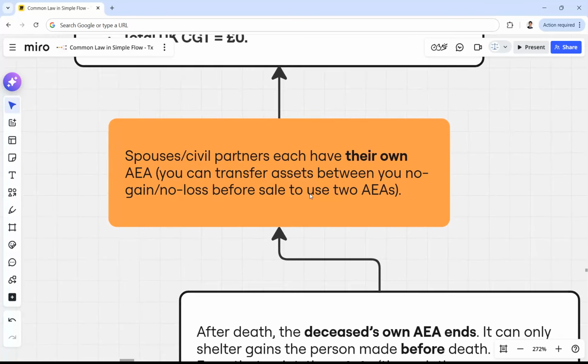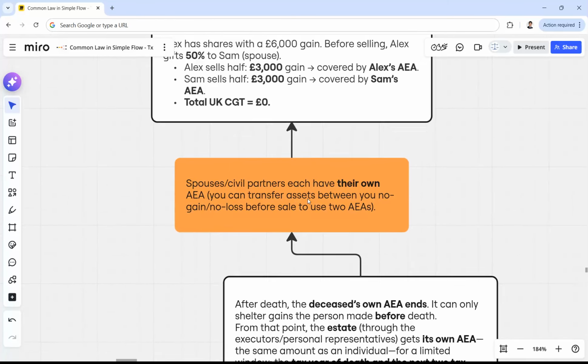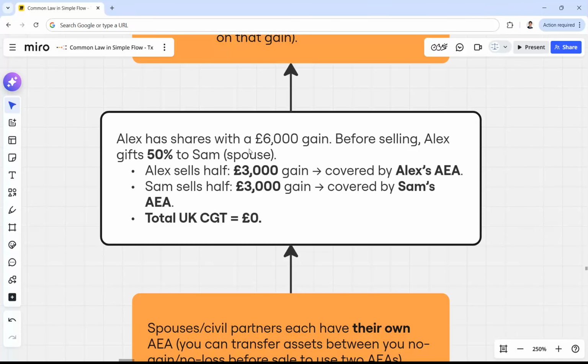Spouses and civil partners each have their own AEA. You can transfer assets between you, no gain, no loss, before sale to use 2 AEAs. So partners can use double the AEAs. Alex has shares worth £6,000. Before selling, Alex gives 50% to Sam, his spouse.